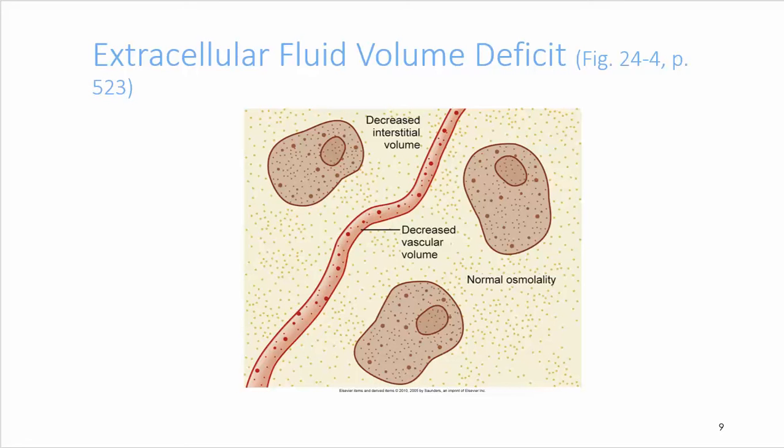So what can cause this? This could be things like diarrhea or vomiting, renal disorders like of aldosterone, where you are losing fluid and you're losing sodium, salt at the same time. Excessive diuretic use. It's hard to believe, but some people abuse diuretics to try and lose weight, amongst other things that they do. Hemorrhage can do this.